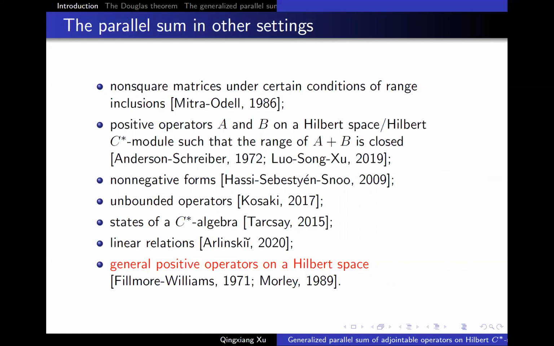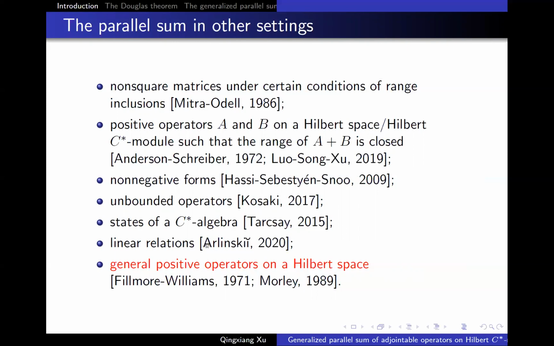Also, the parallel sum for positive operators A and B on Hilbert spaces or Hilbert modules is also dealt with under additional conditions, such as that the summation of A and B has closed range, or A and B is closed, and also other contexts. And the most relevant to this talk is the last one. Williams started the general positive parallel sum for general positive operators on Hilbert modules.